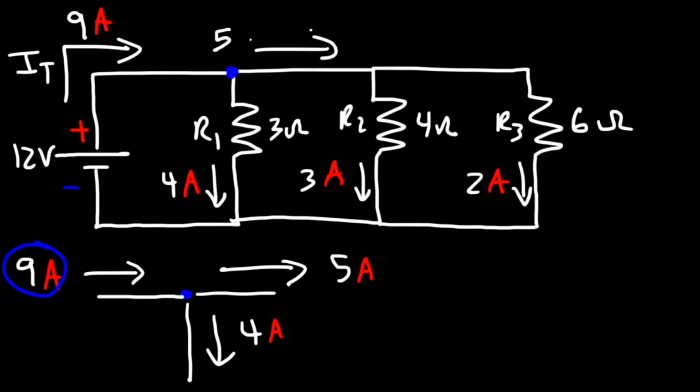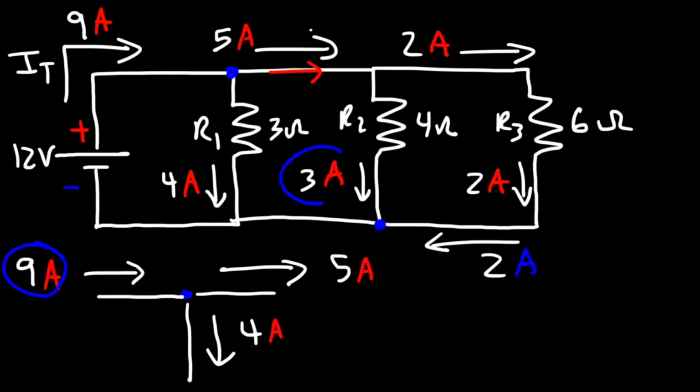So we have 5 amps flowing to the right in this direction. Out of those 5 amps, 3 amps is going this way, so the other 2 amps flows in this direction. And you can see how it's like a river splitting off into 3 directions. In this section, we still have 2 amps of current traveling here. Then when it joins up with the 3 amp current, 3 and 2 add up to 5, and so we have 5 amps flowing in this region.